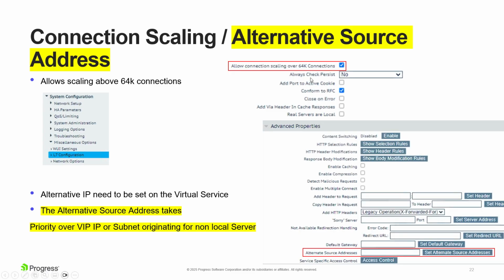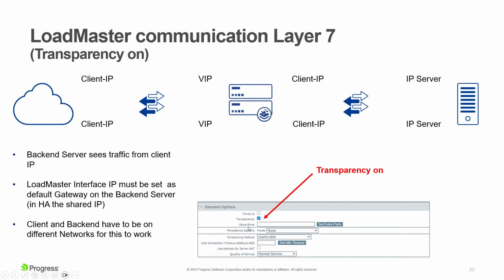If that exception or behavior is something you don't like and you want a different IP address showing up on the target server, there's a functionality which is normally to prevent port exhaustion, but you can also use it to mask your source IP address and to dictate which source IP address is sent to the server.